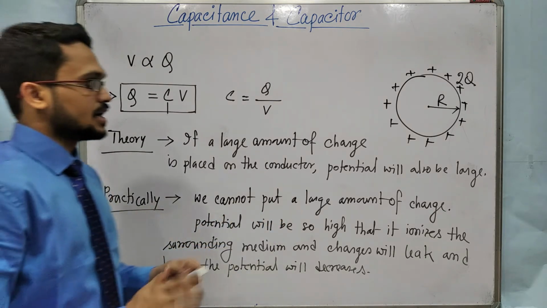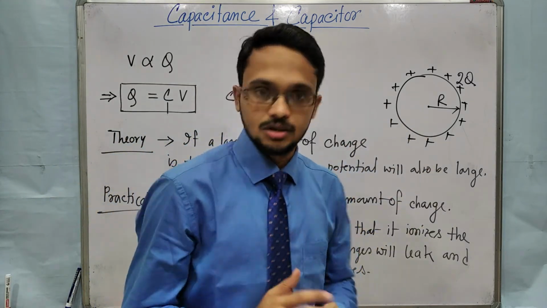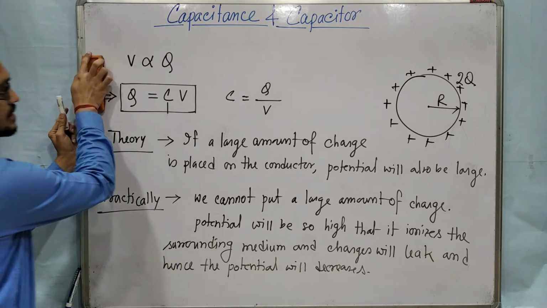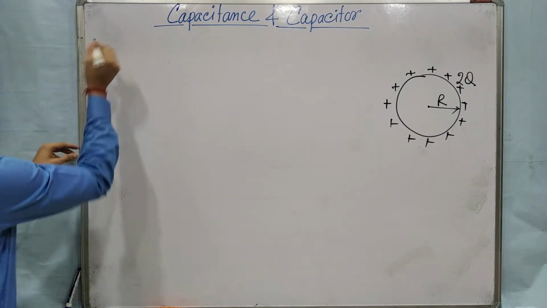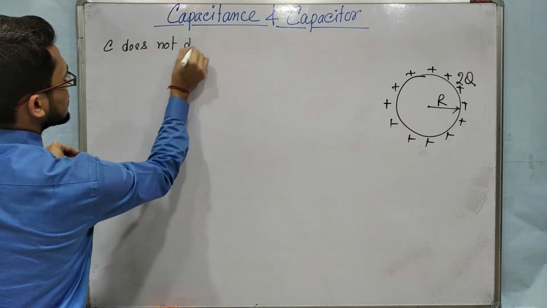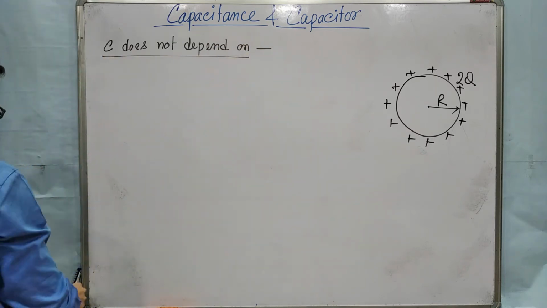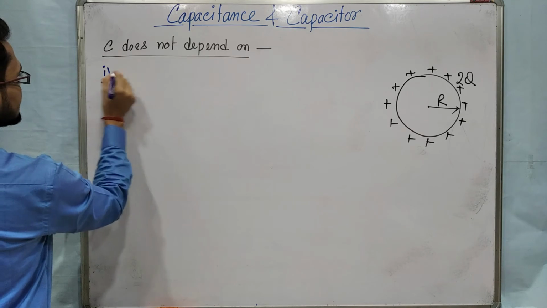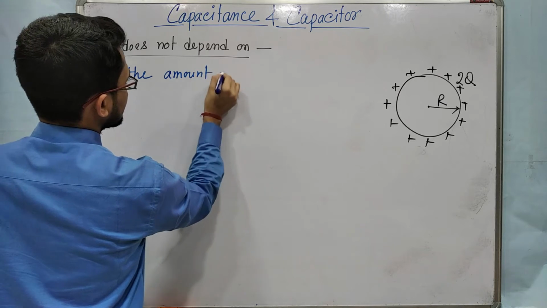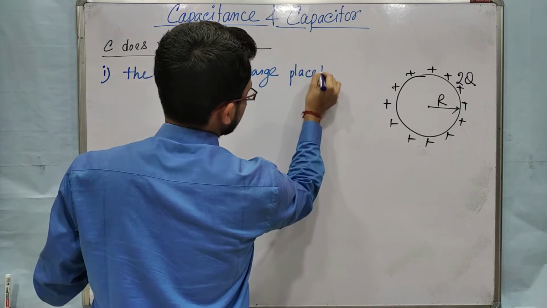Now, on which factors does the capacitance of any conductor depend, and on which does it not depend? I am erasing this part. C does not depend on, first, the amount of charge placed on it.